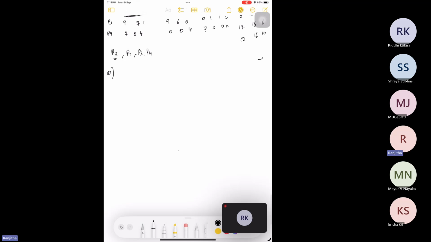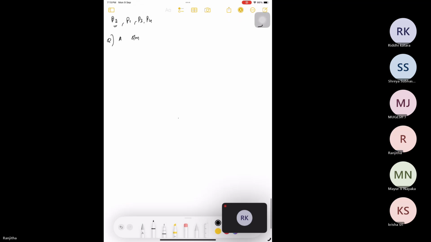The system has 5 processes and 3 resources. The max count of which is 10, 5, 7.